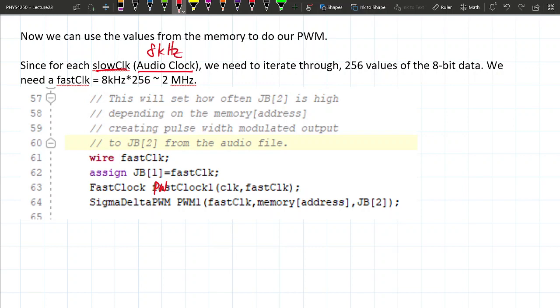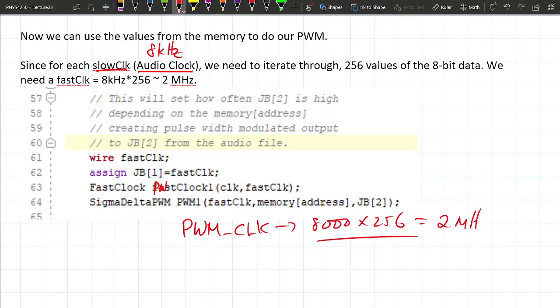In order to do the pulse width modulation clock, you need this to be 8,000 times 256, and that way it can determine whether to pulse high or low, which is going to be about 2 megahertz. So it decides that about 2 million times per second, which is pretty fast for our brain, but slow for a computer.